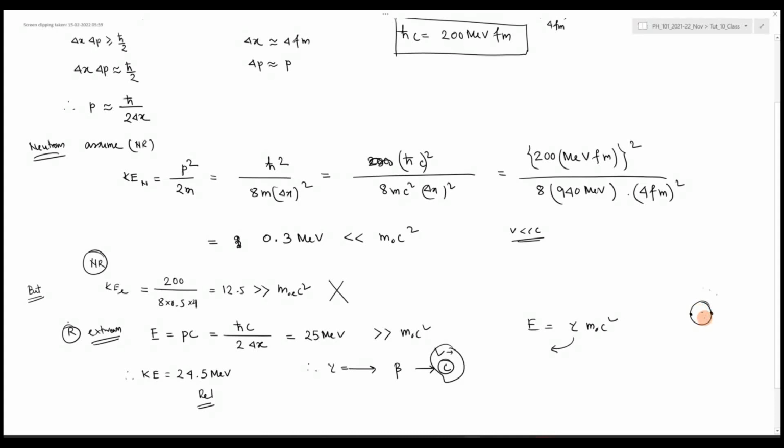Now, if you even assume that the nucleus is small, like 4 Fermi meter, as given, and suppose it is inside 1 Fermi meter, then your speed will cross c.